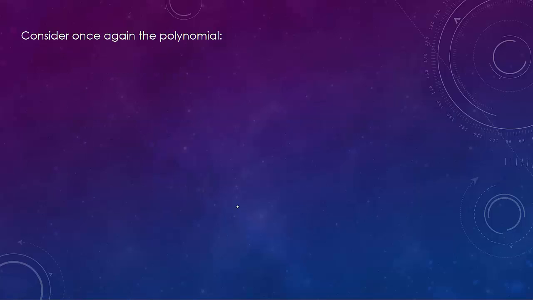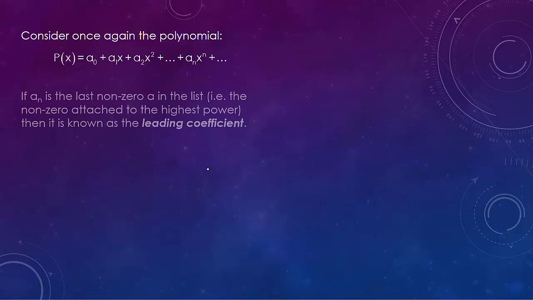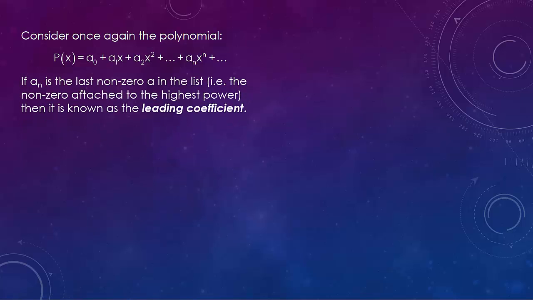Consider once again the polynomial p of x is a0 plus a1x plus a2x squared and so on. If an is the last non-zero a in the list, i.e. the non-zero attached to the highest power, it's known as the leading coefficient.